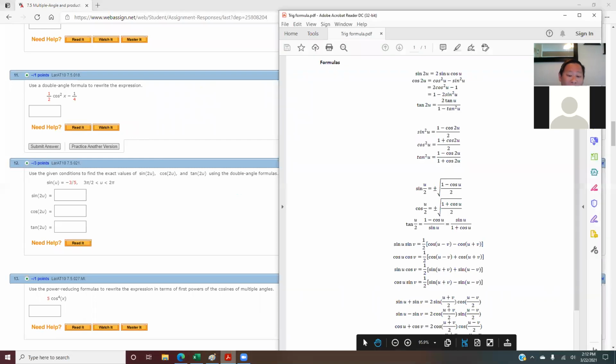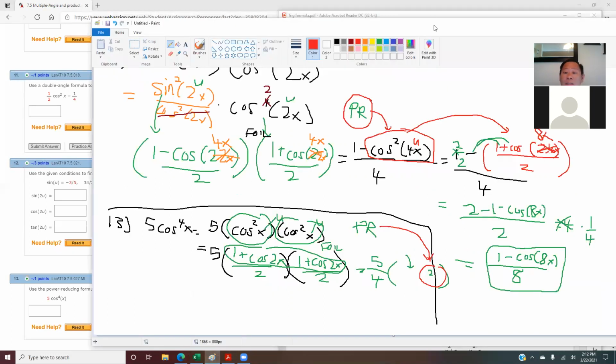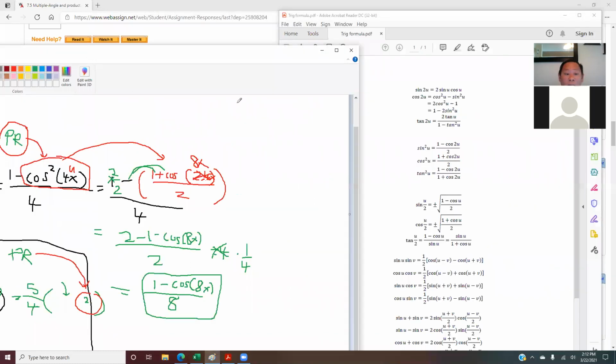So what happens on number 11 is you're going to use a double angle formula. This is a double angle formula, and this one you read backwards. So when you see the cosine 2x minus 1, this is the one that we use. We have cosine of 2u equals 2 cosine squared of u minus 1.